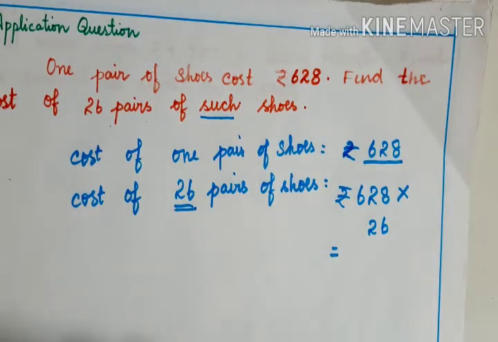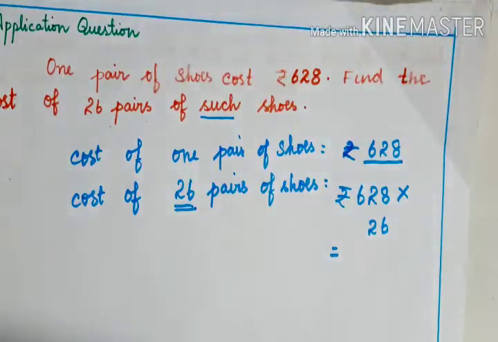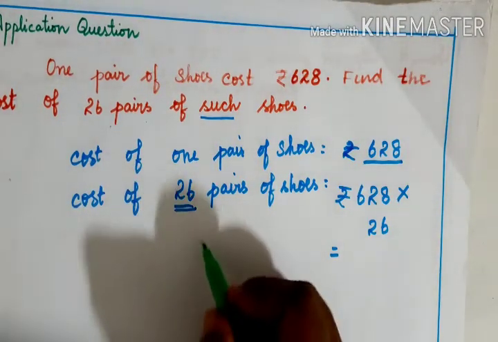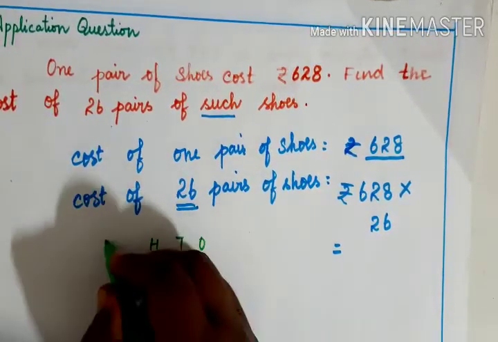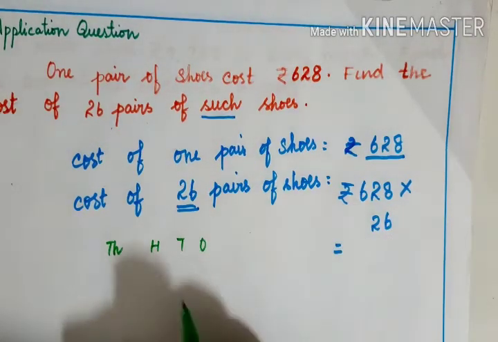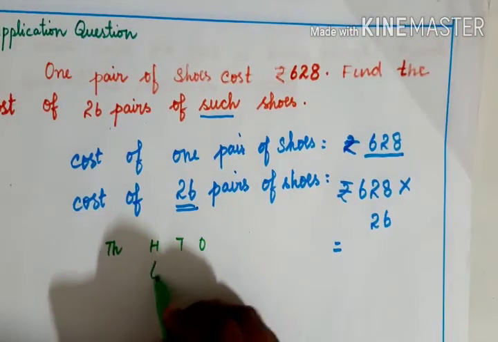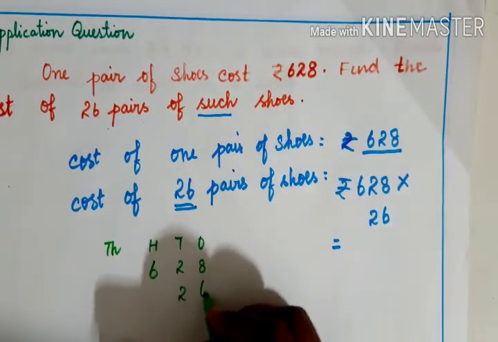So here I will multiply it for you. So what do you get? You just put ones, tens, 100, 1000. Now you take this 628. First you write 628 and 26.